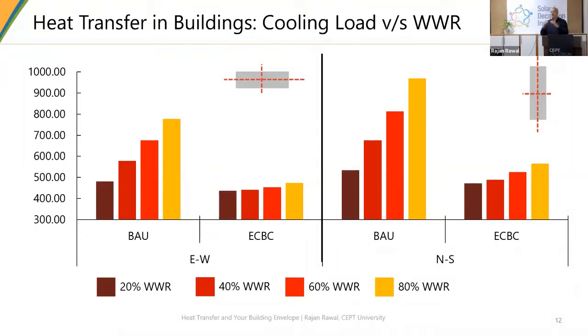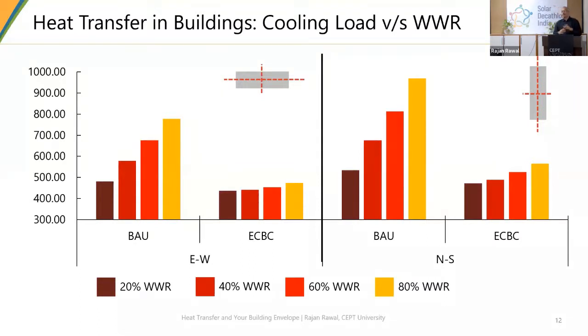Immediately your heat transfer will come down, so your cooling load will drastically reduce. What I'm presenting here is that the first two are east-west, and the next two bar graphs are for north-south. Again, you can see how orientation, WWR, and BAU versus ECBC fare with each other. But what is very interesting here is not just the sizing down, but also the variation in it.